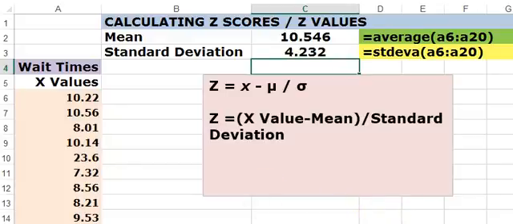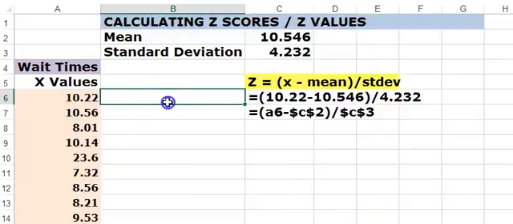And our standard deviation is 4.232. So I'm going to click on cell B6. We're going to calculate the formula. Our X value is 10.22 minutes, and that is in A6, so equal. I'm going to open my parenthesis, A6 minus our mean of 10.546. That's in C2.